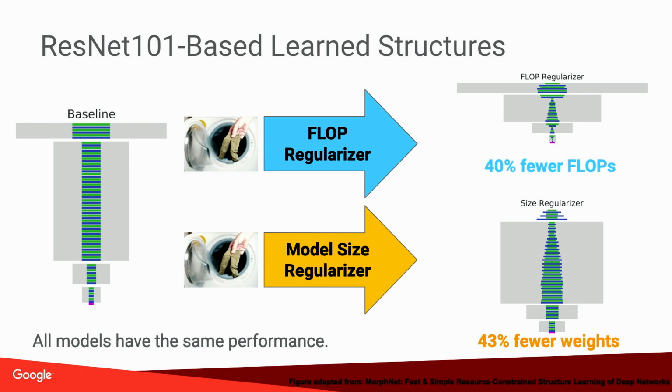So again, you can apply a different type of regularization and get a drastically different type of network on the bottom part here that has 43% fewer weights than the original one, and again, the same accuracy. And the point is, again, that we don't believe there is one structure that fits everyone's needs, because the needs are changing from application to application and person to person, and also through time.